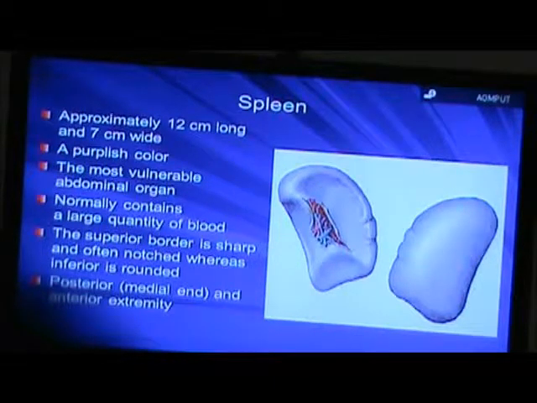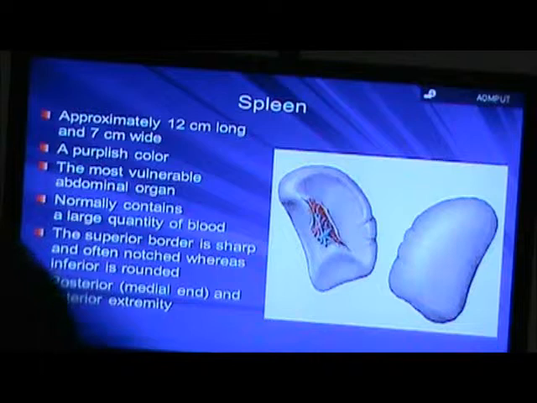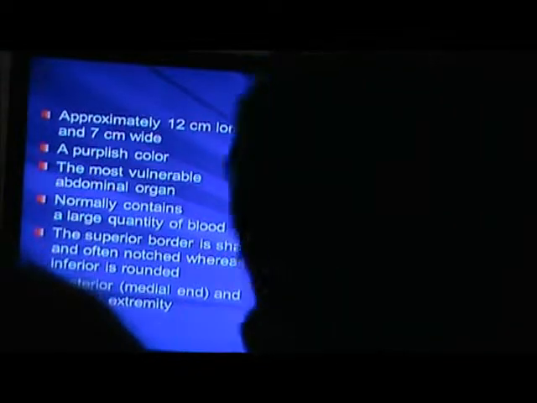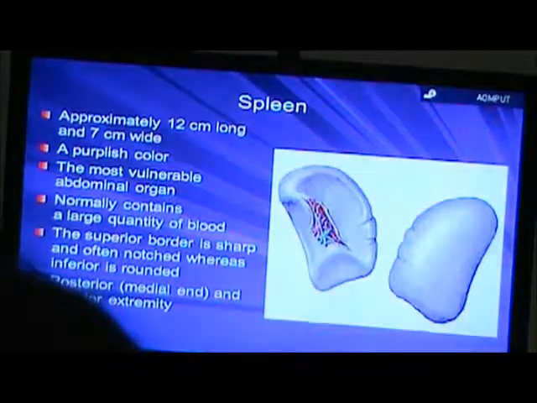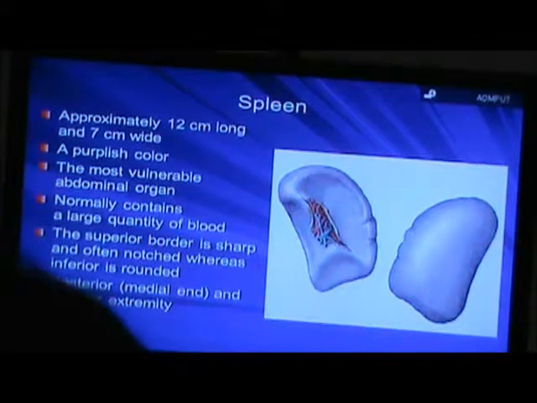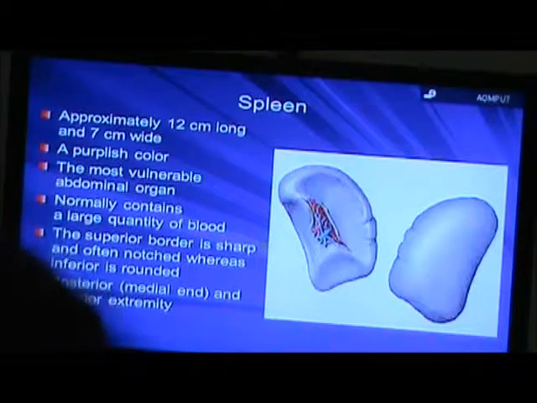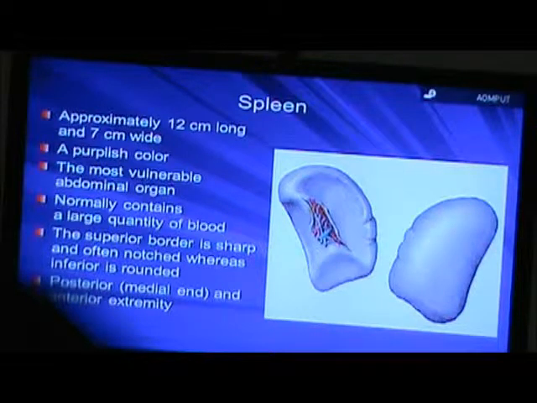I need to remember such sizes of the spleen, because later the ultrasonographers write me the sizes of the spleen, the diameters, I'm sorry, not sizes, diameters of the spleen, so I need to know. It's a purplish color, it's the most vulnerable abdominal organ, and normally contains a large quantity of blood.